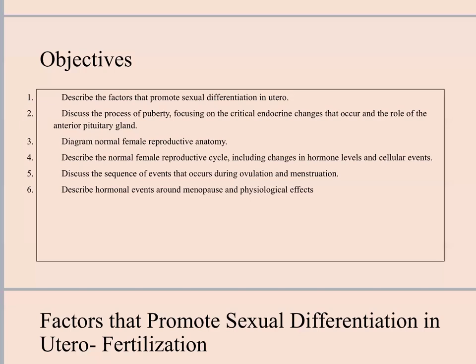And what we're really going to focus on is the menstrual cycle, the whole reproductive cycle, what is going on in the uterus and the ovaries. And we're also going to finish up discussing menopause and the physiological effects. So let's dive into it.